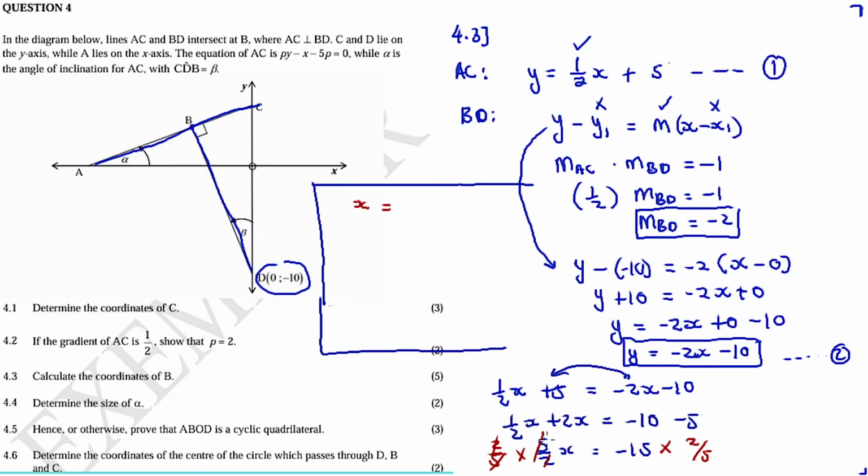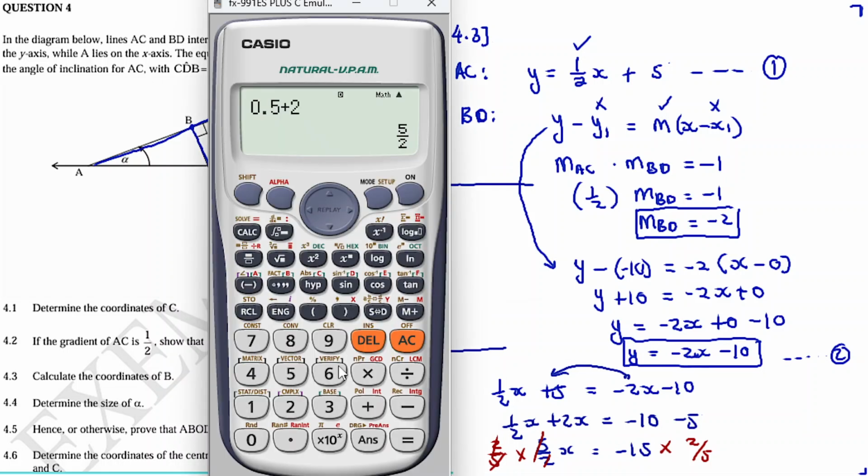So after multiplying or dividing by 5/2 or its multiplicative inverse, we get x on the left-hand side, and -15 multiplied by 2/5 gives -6. Just to be sure, 15 divided by 5/2 gives -6, or you can multiply -15 by its multiplicative inverse 2/5 and get -6.